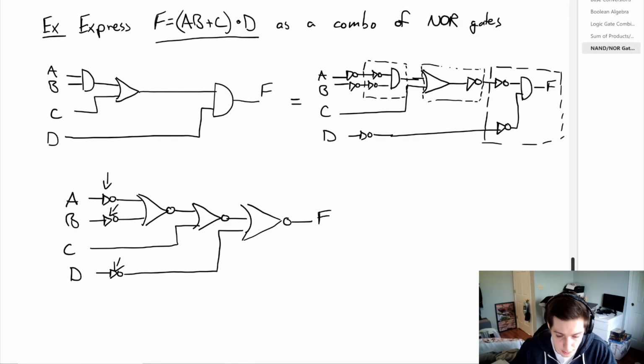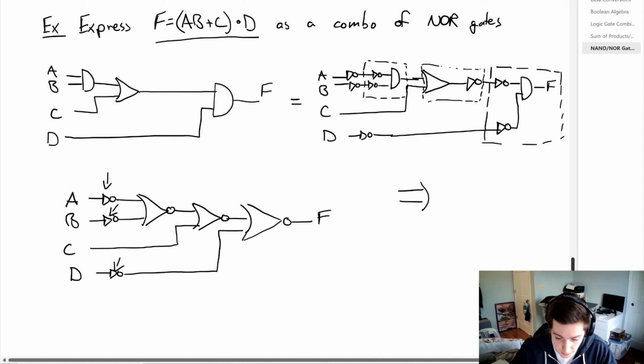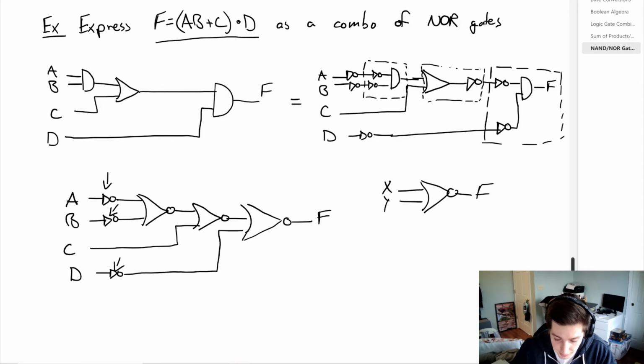So given these inverters, we can do a trick to see how we can represent those as NOR gates as well. So we're going to take a NOR gate, given by X and Y as the inputs and F is the output, and we're going to have a truth table. And now what we're going to do is get rid of Y and simply call that X. And from the truth table, we now have 2 inputs, X and X, and we can't physically have the combinations where 0, 1 and 1, 0 even exist.